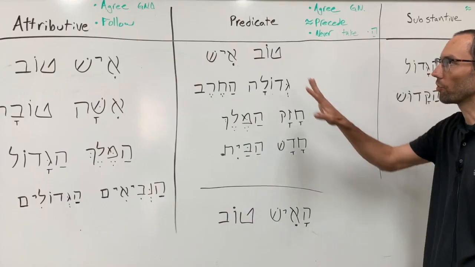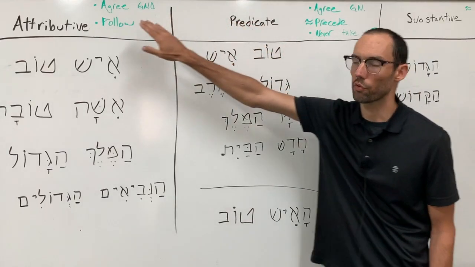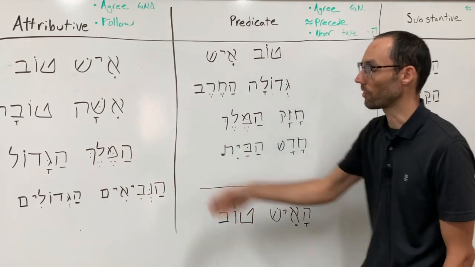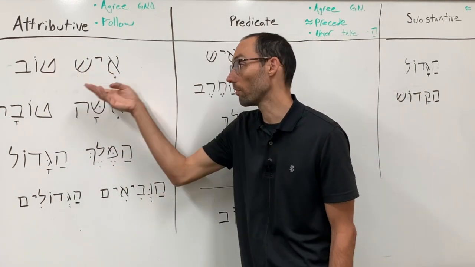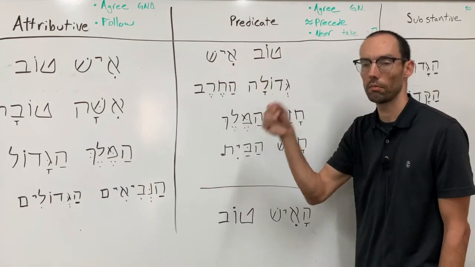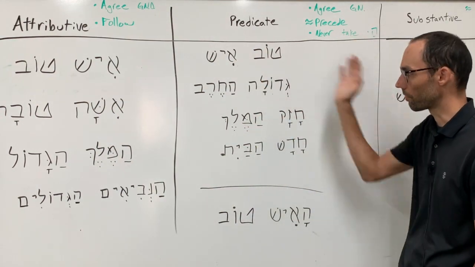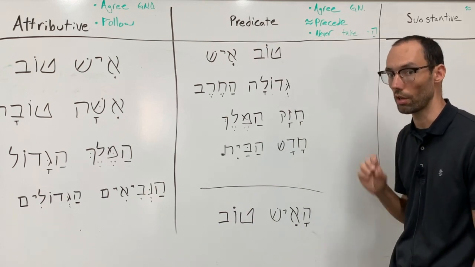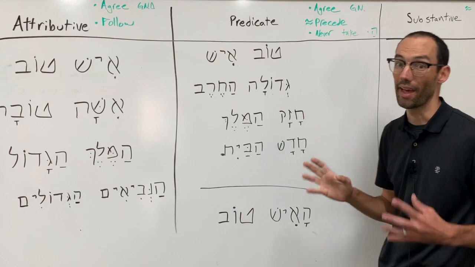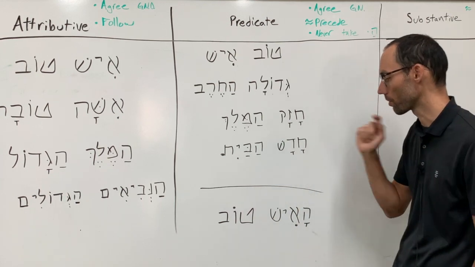But you don't need to worry about remembering these names if you do the word order that I'm suggesting. If you see this, you say ish tov, a man, a good one. If you see it this way, tov ish, you say good is the man. So it helps your translation speed a lot, and it helps your learning, and it helps from getting things mixed up if you do it this way.